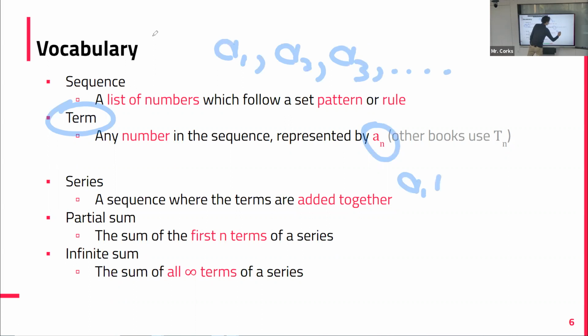So A1 plus A2 plus A3, etc. All right, partial sum, and this is just the sum of the first n terms, n is just whatever number you want. The beginning of that sequence to whatever n you have chosen.